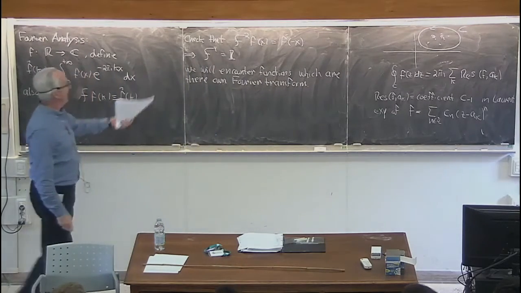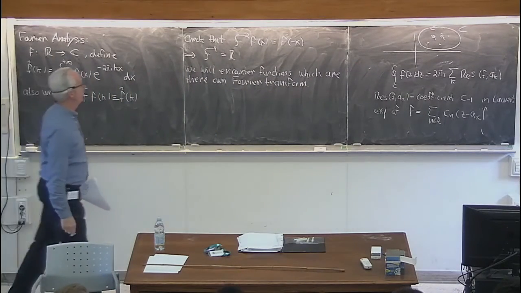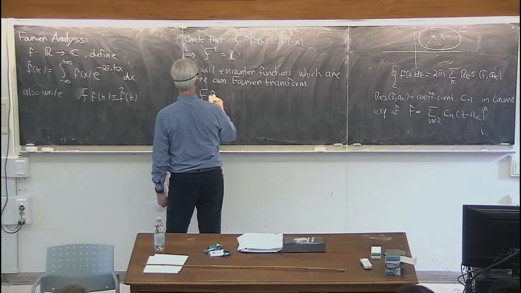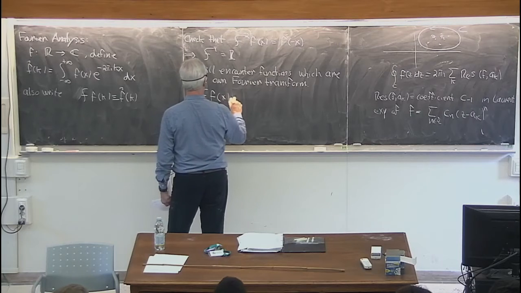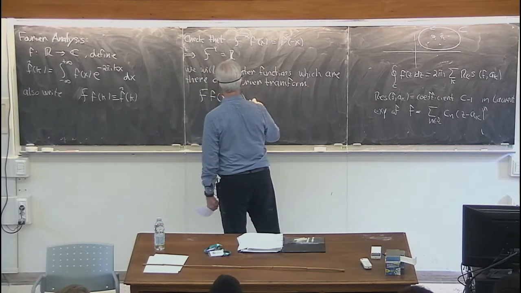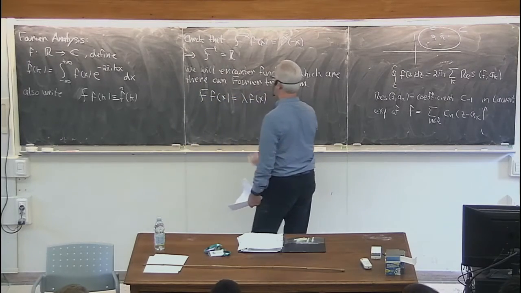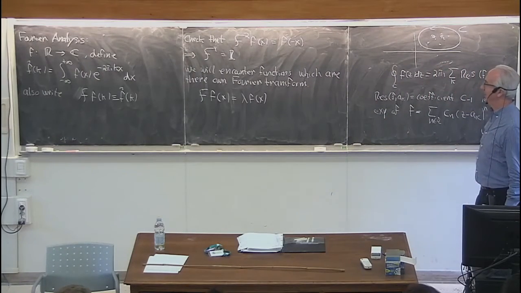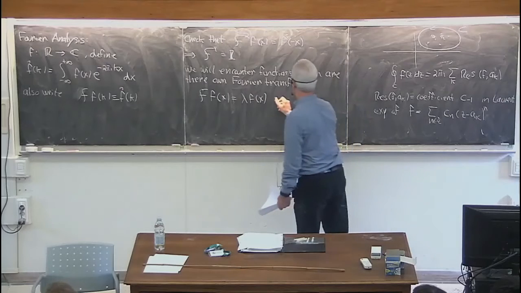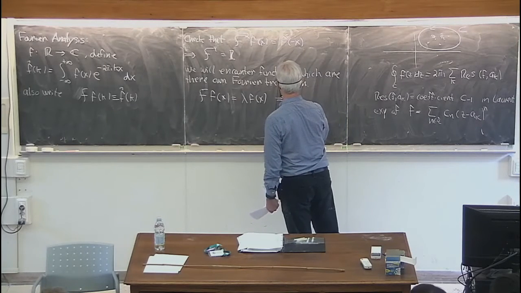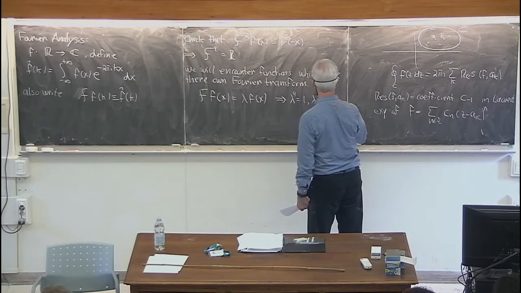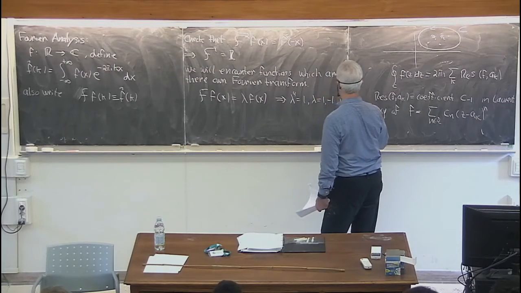And the fact that the 4th power of the Fourier transform is equal to 1 tells us that if we have some f which is its own Fourier transform up to some constant lambda, that is, it's an eigenvalue of the Fourier transform, then lambda to the 4th has to be 1, so lambda can be 1, minus 1, i, or minus i.